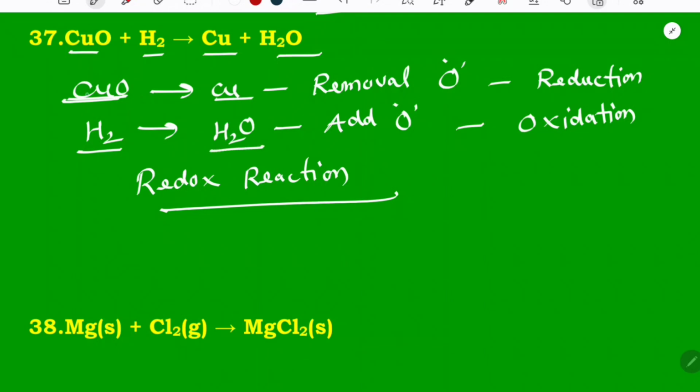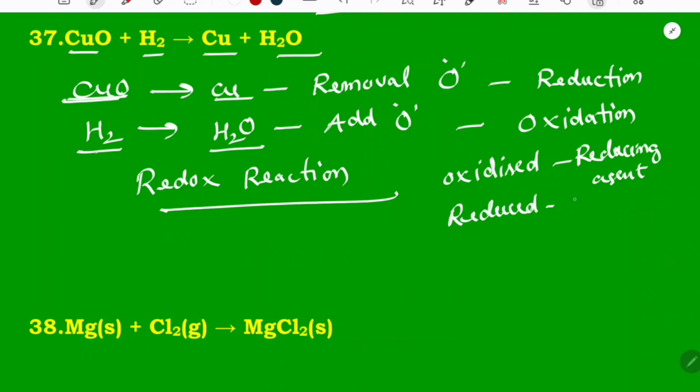So which is the oxidizing agent and which is the reducing agent? Copper oxide is the oxidizing agent, H2 is the reducing agent. One thing you remember, again I am repeating this: the oxidized one is the reducing agent, and the reduced one is the oxidizing agent.